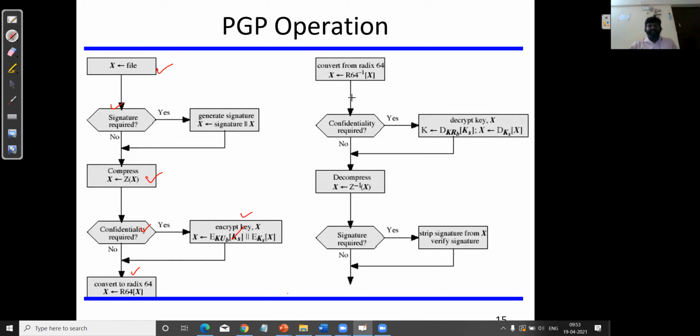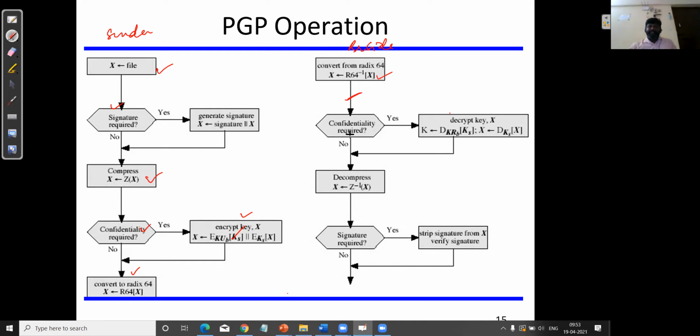And then again, if you want to apply one more level of confidentiality, you can. Now this is at the sender side, and this is at the receiver side. So here the reverse operation is carried out.